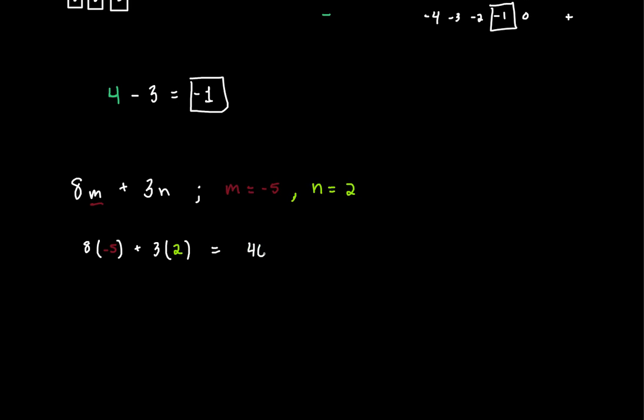Because we're taking this -5 and adding it by itself 8 times, we're going to have a negative there. A negative times a positive makes a negative. Plus our 3 times 2, which just gives us a positive integer because they're both positive, and that gives us a 6.